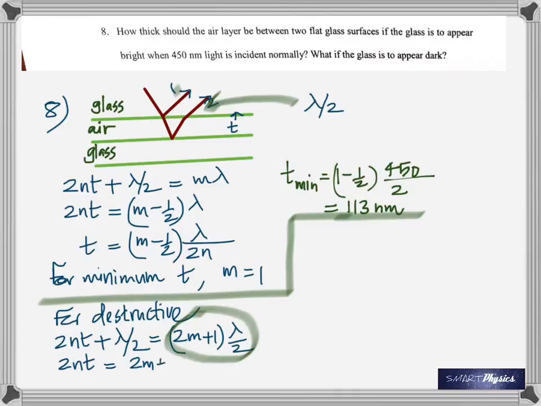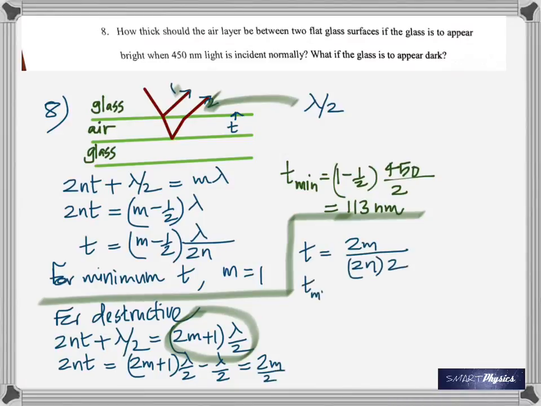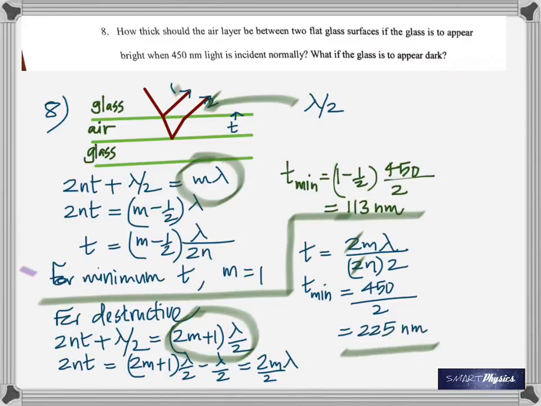Rearrange that, once again make t the subject and calculate. I missed lambda. Okay, I put it there now. So you get 225 nanometers. So if you wanted it to be dark, it should be 225 nanometer.